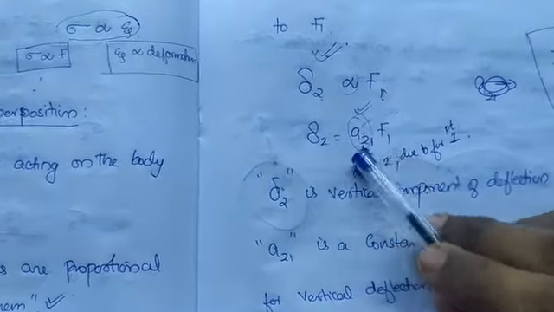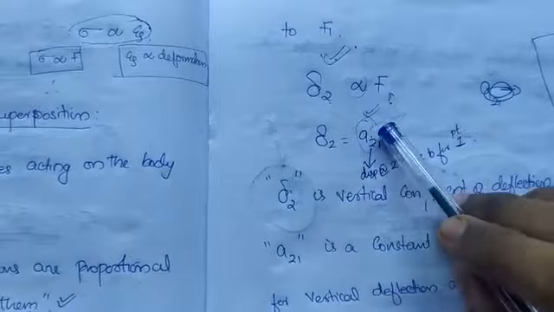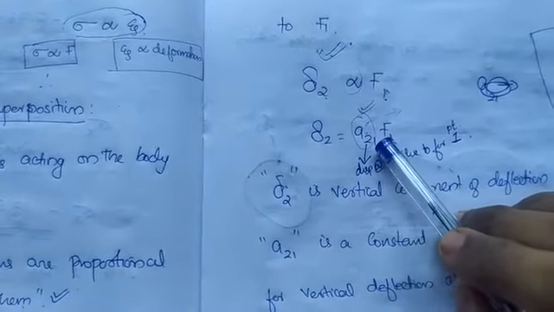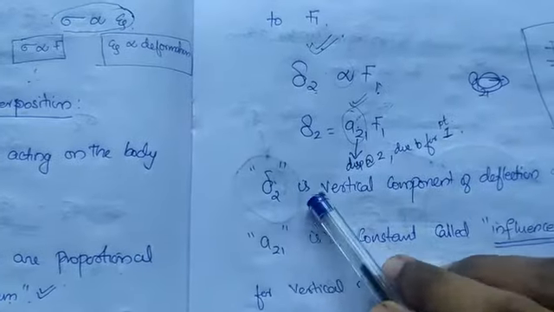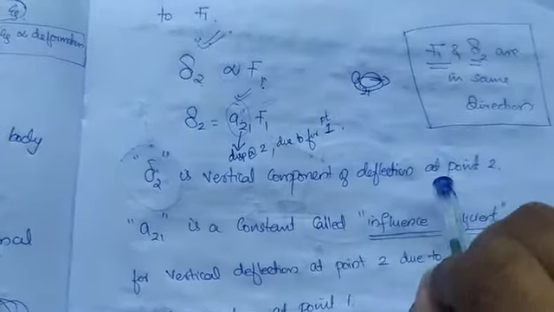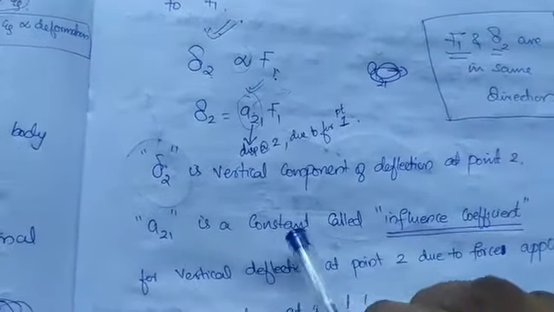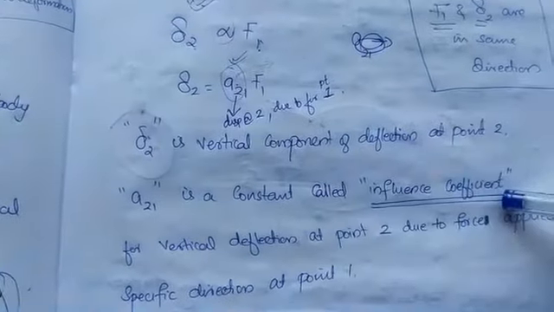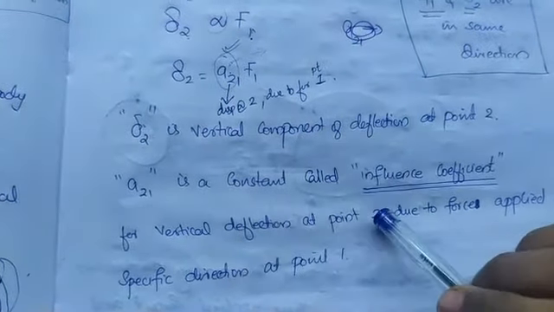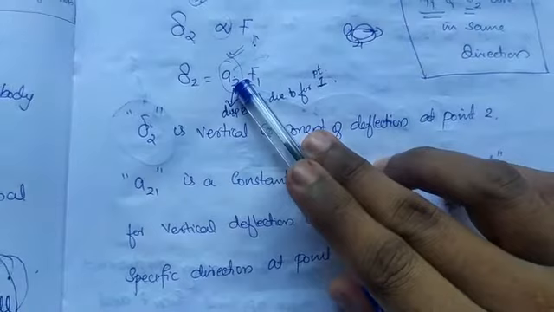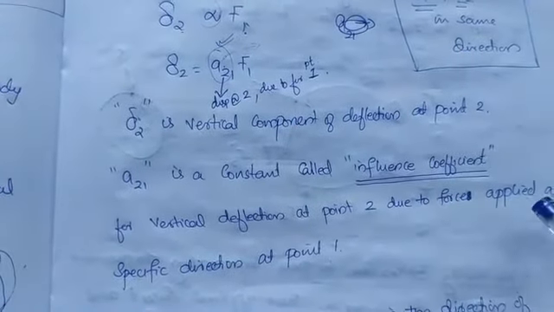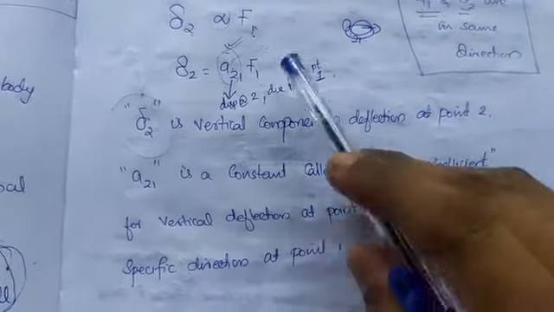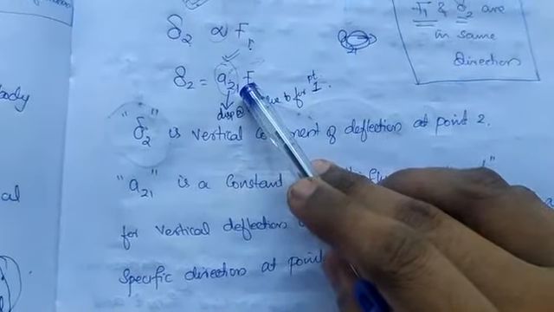This is what the suffixes refer to. Delta 2 is the vertical component of deflection at point 2. A21 is a constant called the influence coefficient for vertical deflection at point 2, the first suffix, due to forces applied in a specific direction at point 1, that is the second suffix.